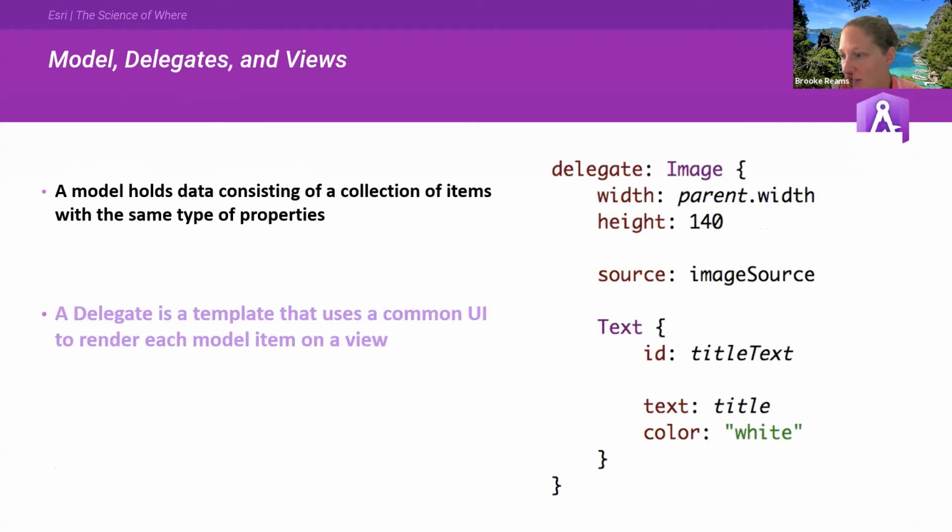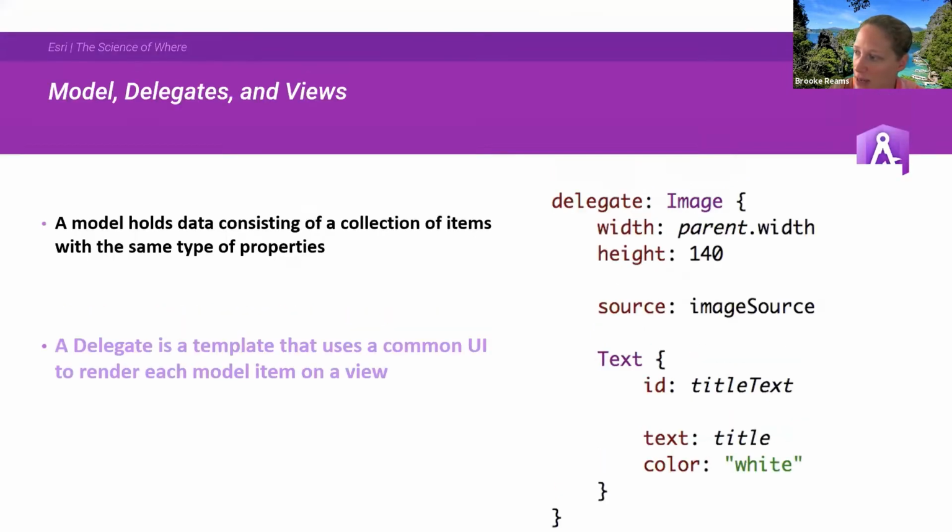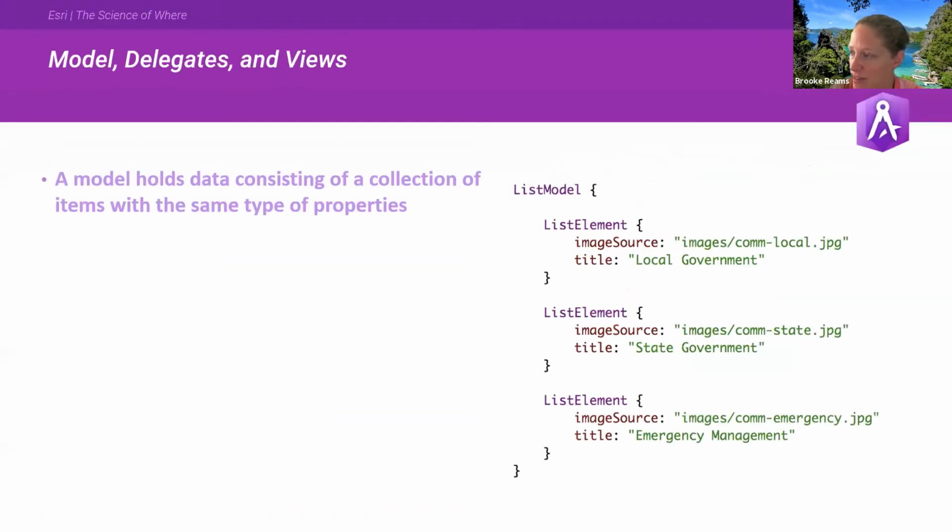The delegate is a template that's used to display the data in the model. It uses a common UI to render each model item on a view. In this case, we have a delegate that would be within a view, but the delegate shows an image, and you can see that the image's source property is set to the image source. Where did image source come from? It came from the model that was defined on the previous slide, right? We have a list model that contains list elements, and each list element contains an image source and a title.